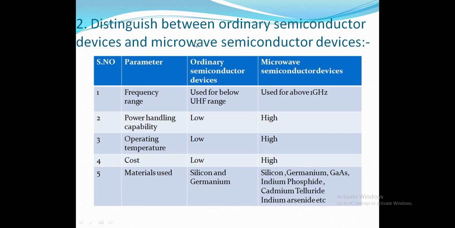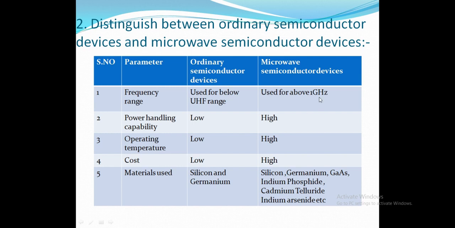Next one is distinguish between ordinary semiconductor devices and microwave semiconductor devices. Consider a parameter, the frequency range. For frequencies below the UHF range, we use ordinary semiconductor devices.